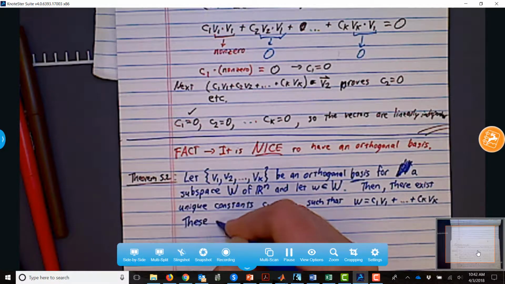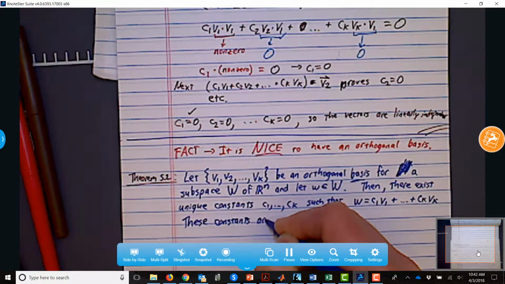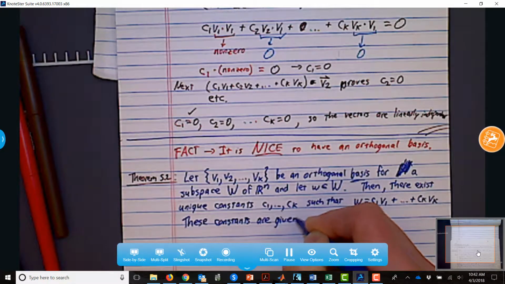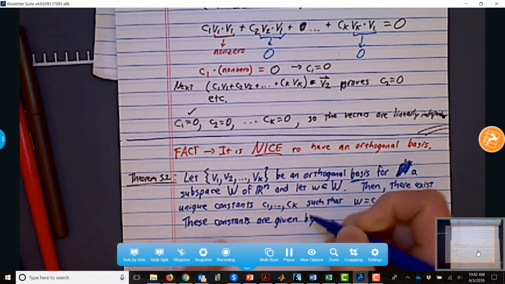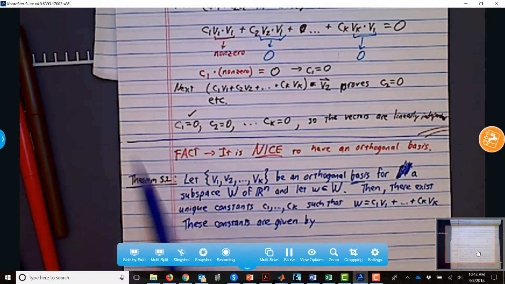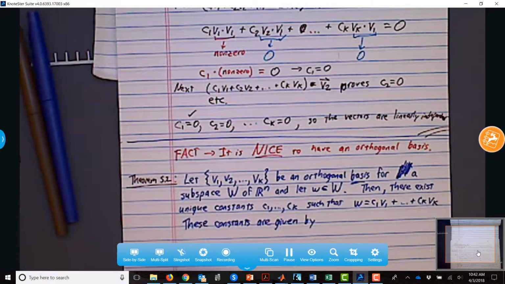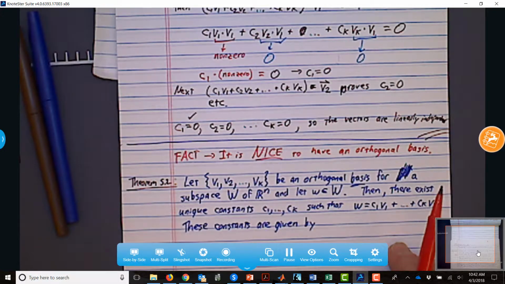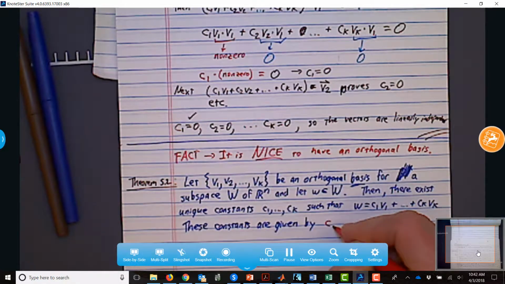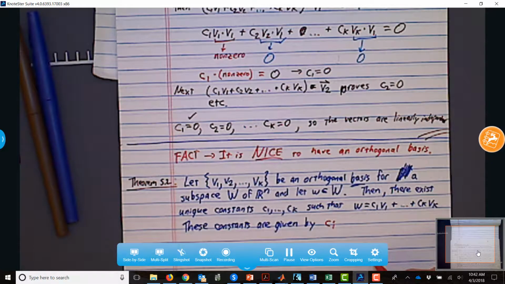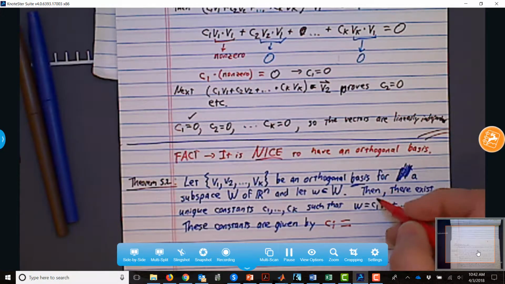These constants are given by a formula. So here's the formula that's important. Let me write it down. Ci, so that could be C1 or C2 or CK, is equal to a dot product over a dot product.